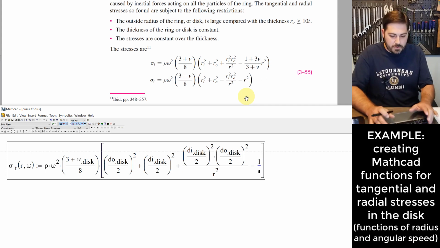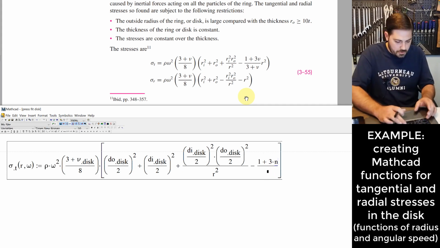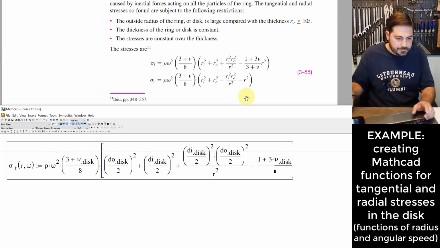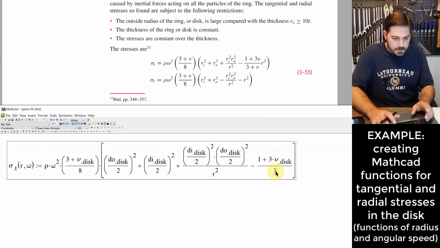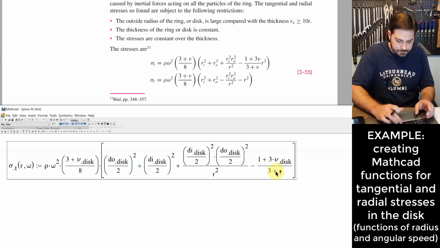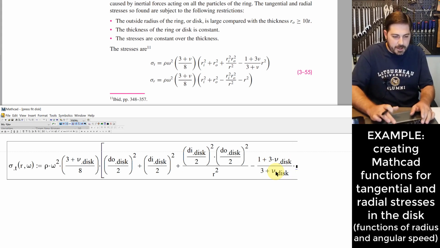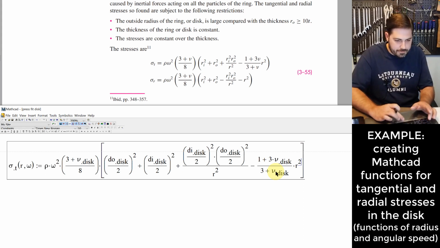This fraction is going to be 1 plus 3 times nu of the disk over 3 plus nu of the disk. All of this times that r value again squared.